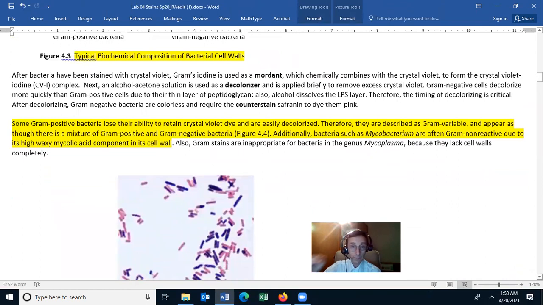All right, after the bacteria cells are stained with crystal violet, we then use Gram's iodine, and you should know that that is a mordant. It is something that complexes with the crystal violet, making a larger molecule. And then we do the decolorizing step, and then we counterstain with safranin, which will stain the gram-negative cells a pinkish color. All right, hopefully you have no questions. If you do, email me.